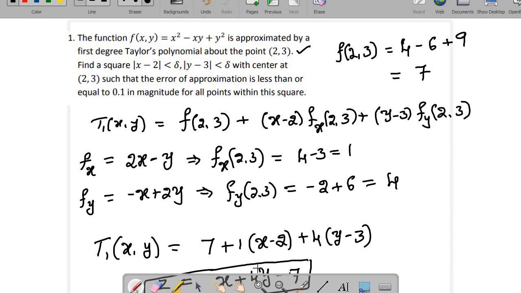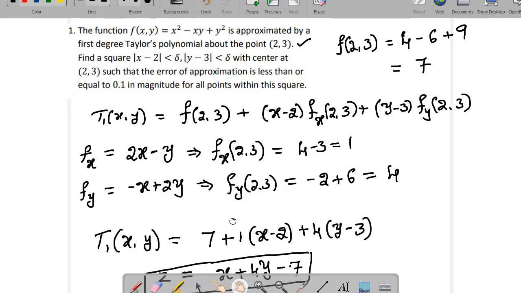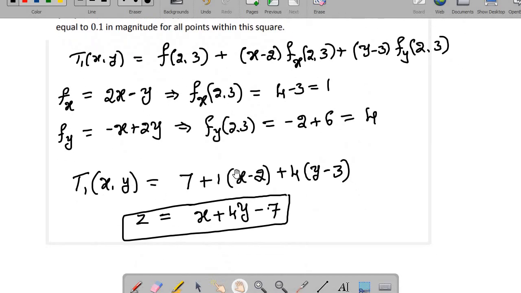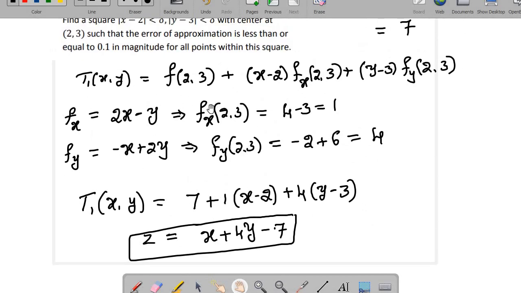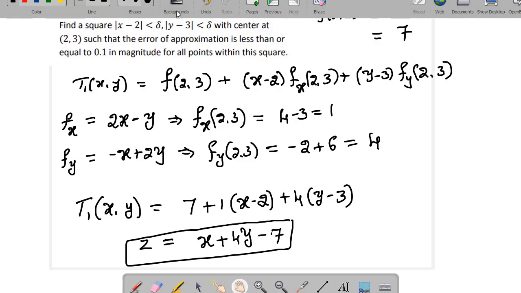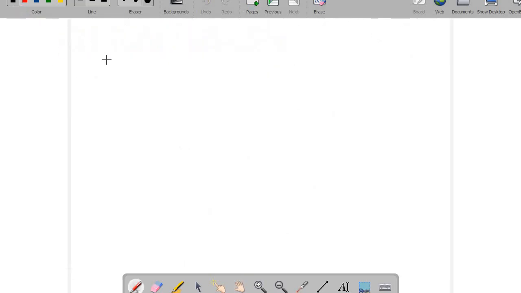We need to find a square so that the error is less than 0.1. First of all, we should know the error formula for the first degree approximation. The error is given by R1 of x, the remainder term.